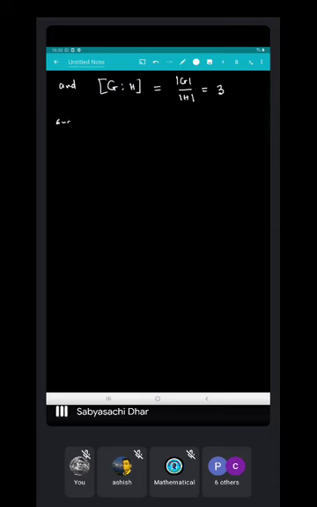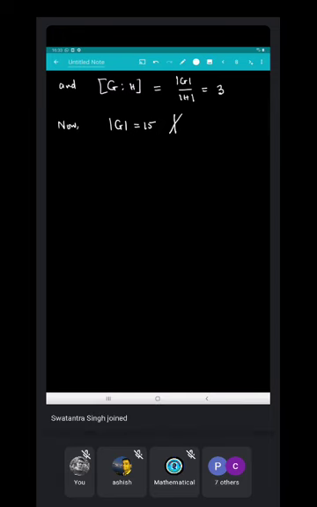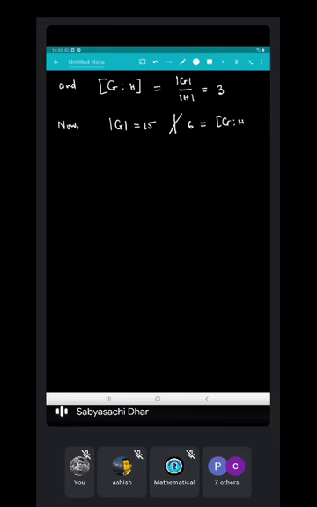Now the order of G, which is 15, does not divide 6, which is the index of H in G factorial. This implies that G is not simple.